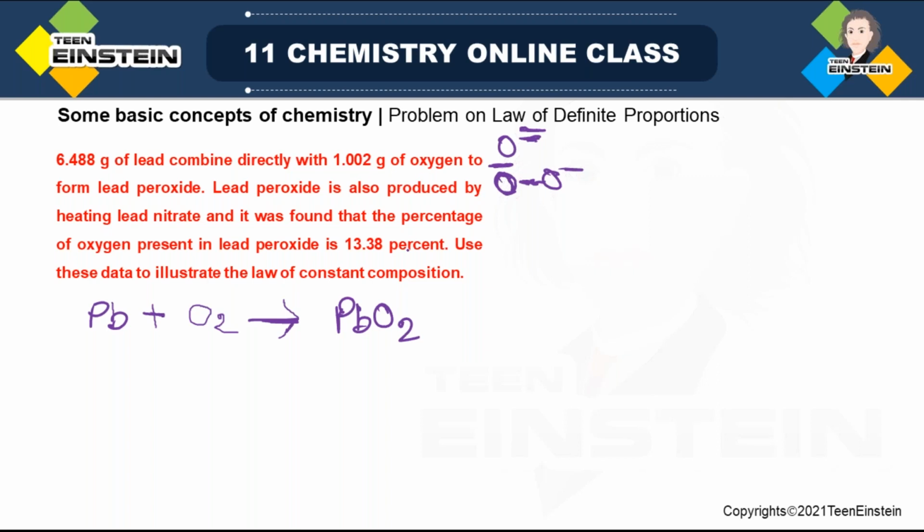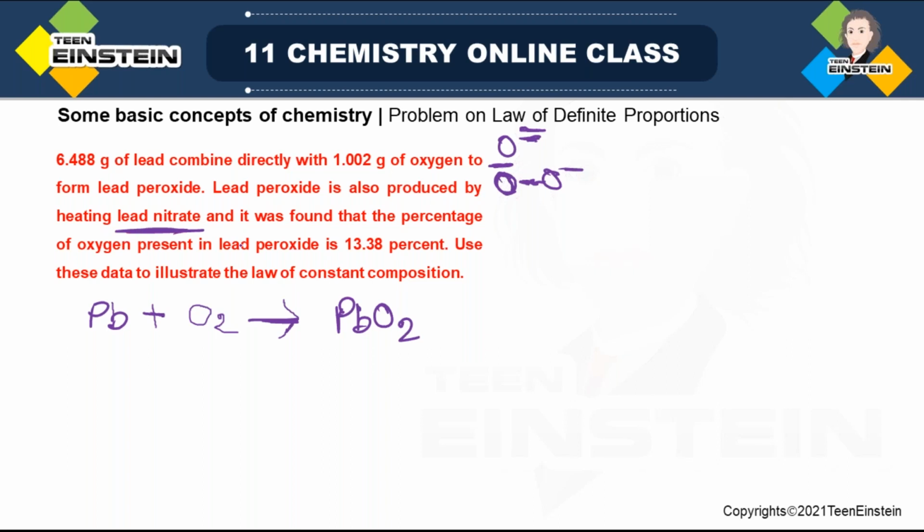But lead peroxide can also be produced by another method. Which method? If you are simply heating lead nitrate, then lead peroxide is also produced.